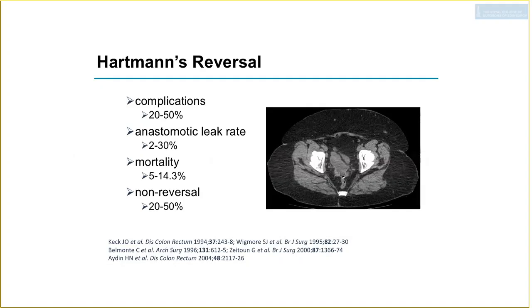But look at the complication rate of reversing the Hartmann's after several months: up to 50%, a leak rate up to about a third, a mortality rate that's very measurable, and a non-reversal rate up to 50%. So we have to be careful about doing the Hartmann's operation, and we have to be very realistic with our patients, because many will not be rejoined and they may have to have a colostomy for the rest of their lives.